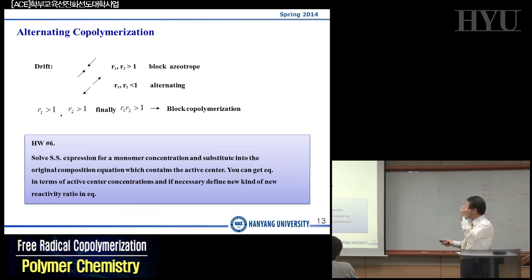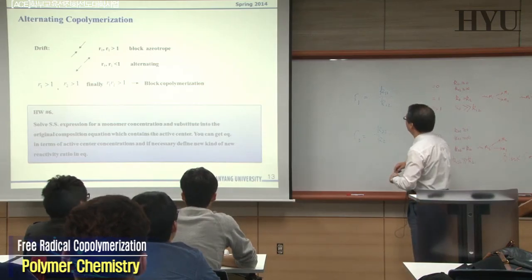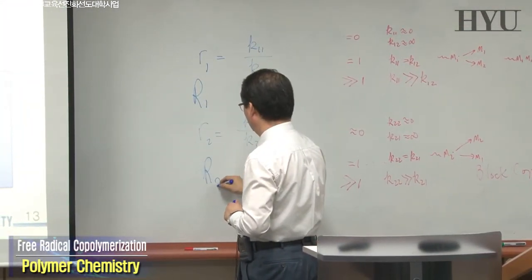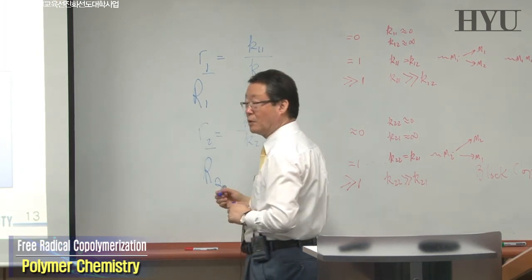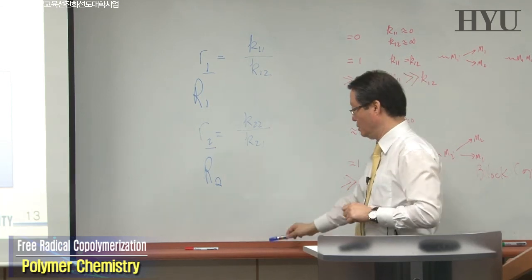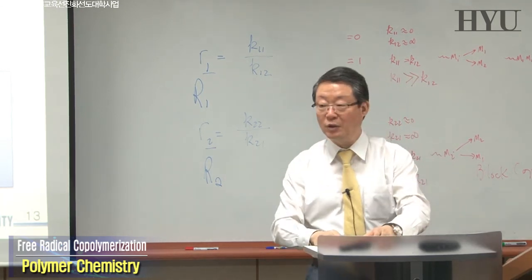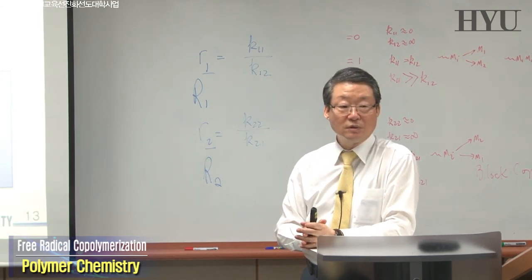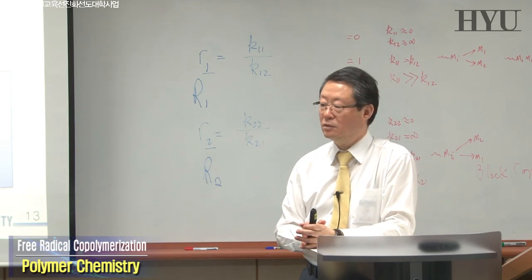And then you need to define the new reactivity ratio called the radical reactivity ratio rather than the monomer reactivity ratio. Okay? So define large R1, large R2 rather than small r1 and small r2, and then you can come up with the copolymerization in terms of radical concentration rather than monomer concentrations.